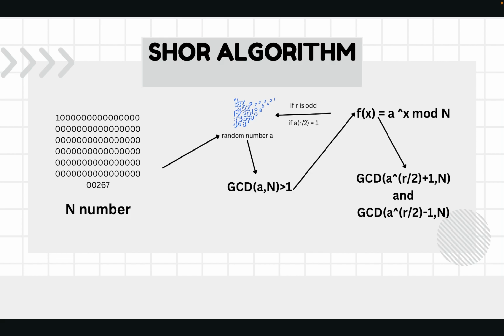And for the quantum part, quantum period finding leverages the superposition and the entanglement property of quantum mechanics to efficiently find the period r of the modular exponential function, which is the key to factorizing n. Once the period r is found, the classical computation is used to derive the factors of n.